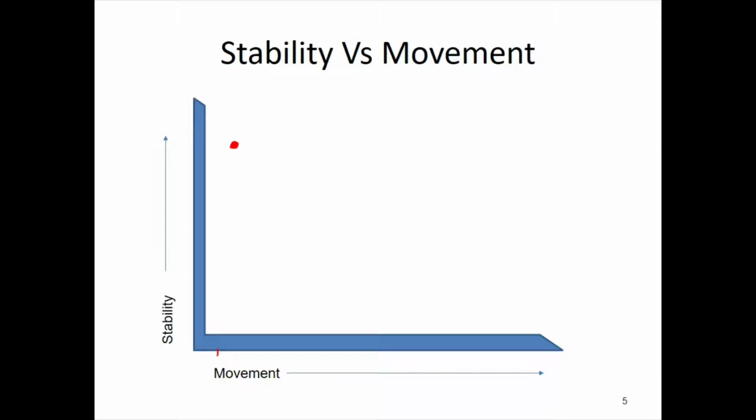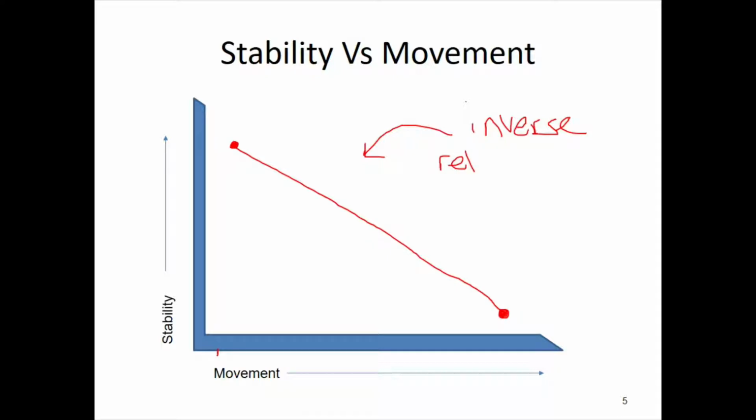So if we put another data point here, in general you can draw a line, and this line is showing you that there's an inverse relationship between the stability and the range of motion allowed at a joint. The more stable you are, the less movement you allow. The more movement you allow, the less stable you are.